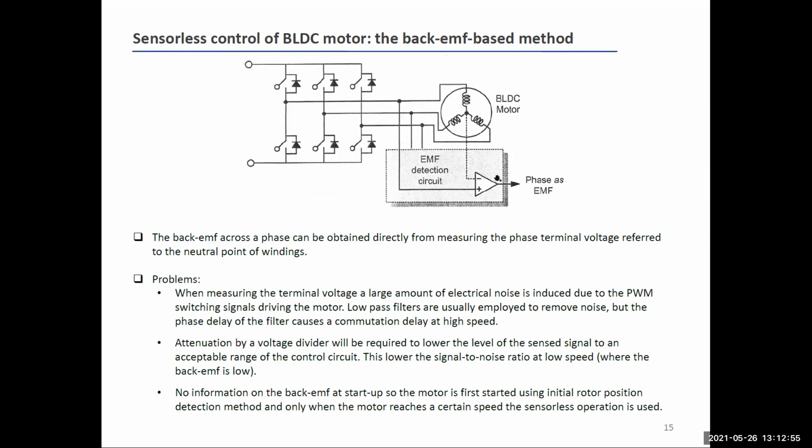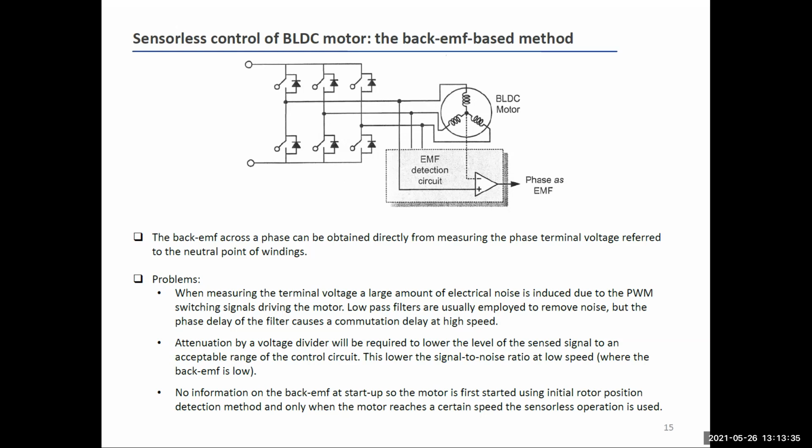This block is connected to each of the three phases, because depending on the operating mode, you have to look at phase A or B or C, and the voltage that I measure is referenced to the central point, the star point. Then you have a comparator, for example, which makes it possible to understand when the voltage crosses zero, and generates a signal which is employed for driving the motor.